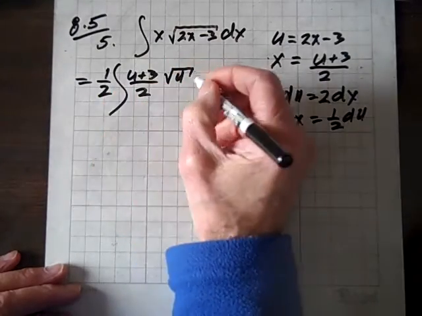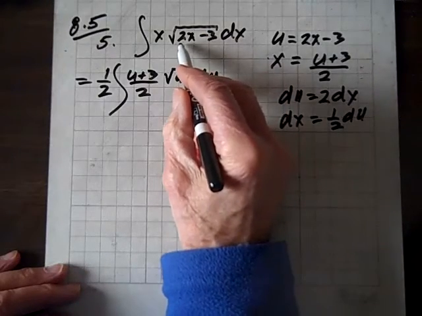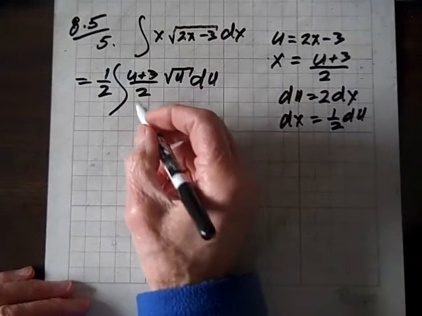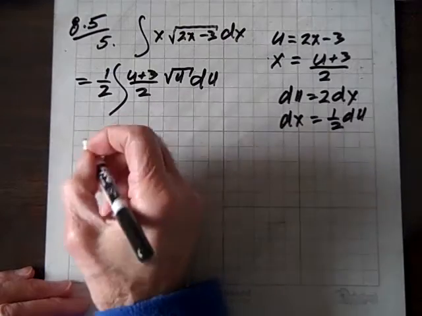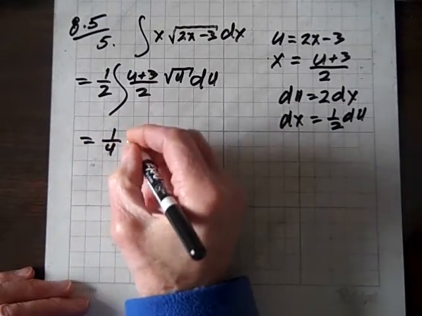And then we have our du. Yes, I think I've got it all taken care of. There's our u, 2x minus 3. So now, let's get this factor of 2 out, and that'll give us a 1/4 out here.